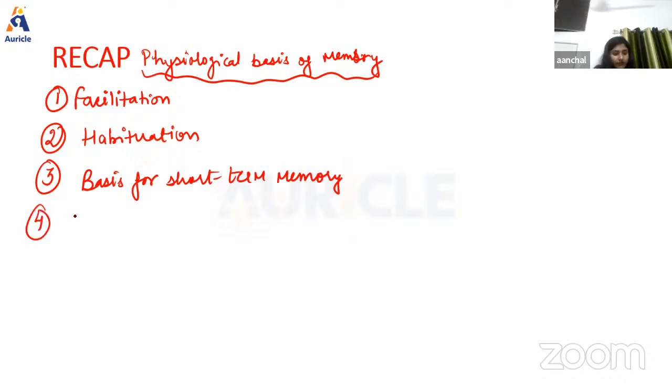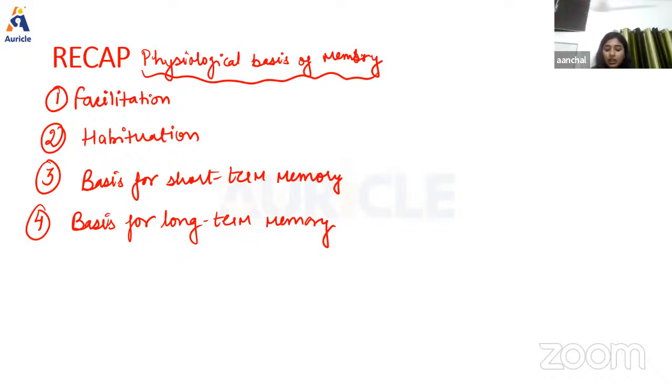Now next we have basis for long-term memory. As the name suggests, the basic mechanism for long-term memory is reinforcement of newly formed neuronal circuits resulting in consolidation and encoding of memory in different areas of the brain. So this is all about the physiological basis.